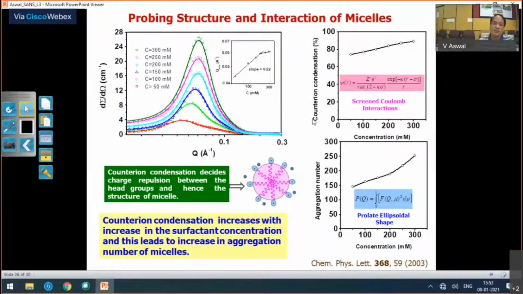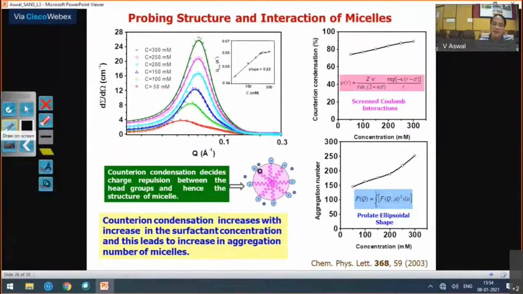This slide shows analysis of data from a charged micellar system. In this case, what is important is not only to know the structure of these micelles, but also the interaction between these micelles, in terms of how much condensation of counterions there is, because this condensation will modify the interactions between these head groups, which are also charged.